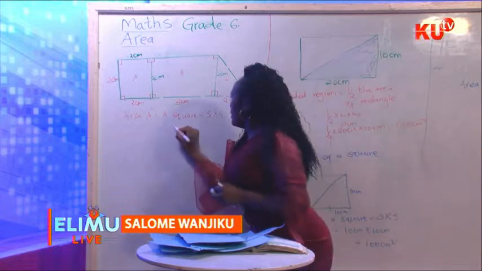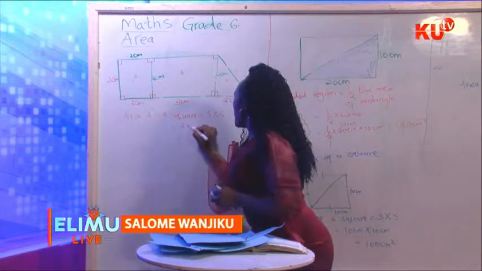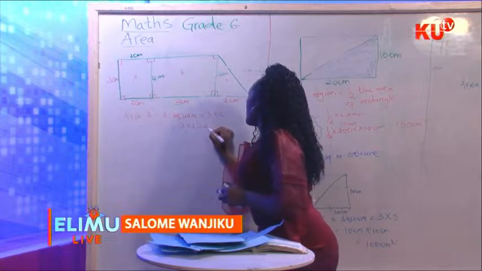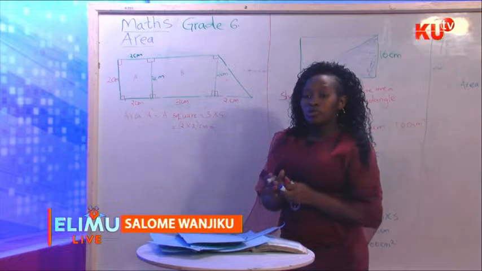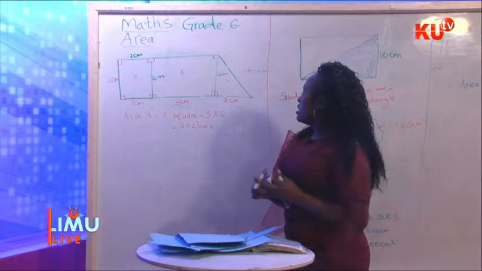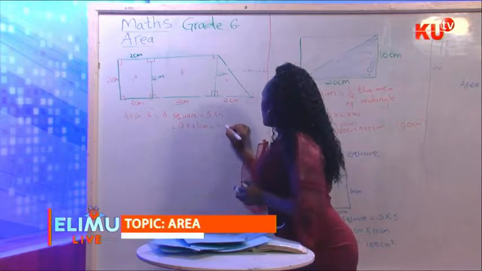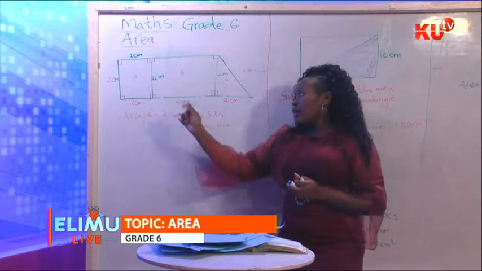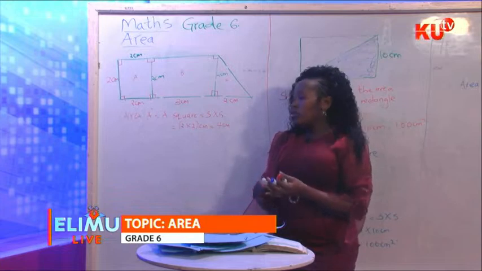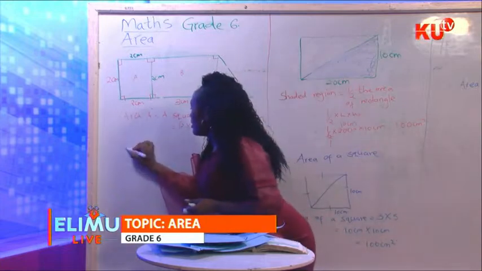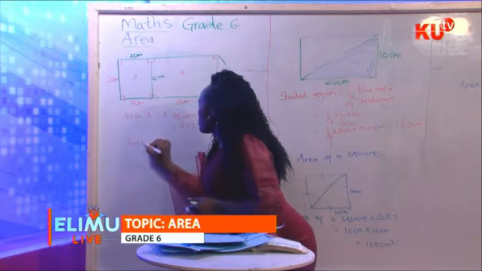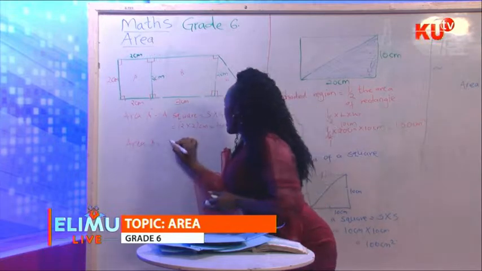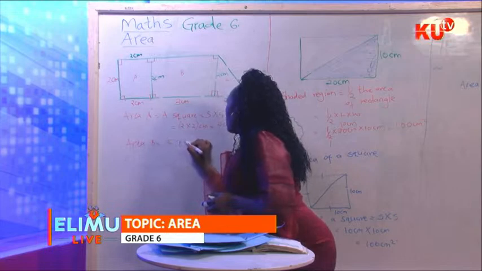So it will be 2 multiplied by 2, and remember they are centimeters. So what is 2 multiplied by 2, learners? It is equal to 4 centimeter squared. So that is the area A. Then we are going to look at area B. Area B is equal to a rectangle. It is a rectangle.